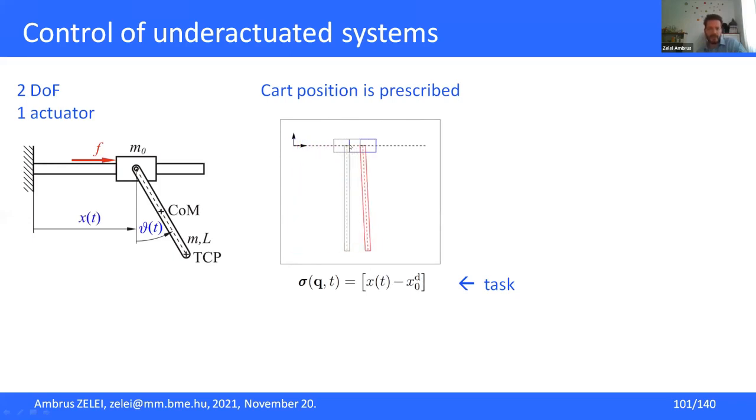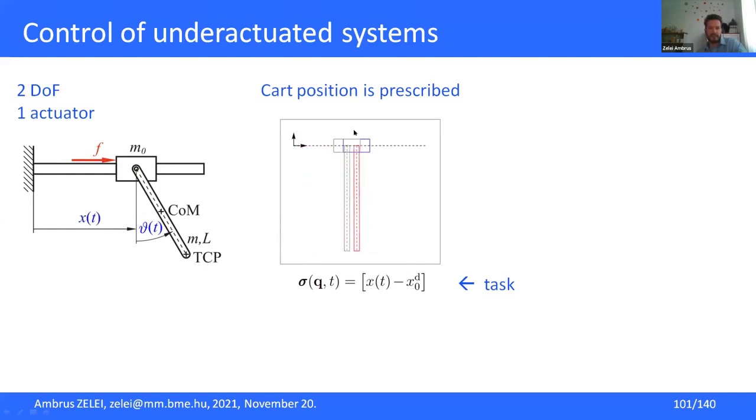So one thing I can do if I have just one actuator is to control the x position of the cart, but then I cannot have any effect on the swinging motion. So at the end, it will just hang down like a dead rigid body and nothing else.